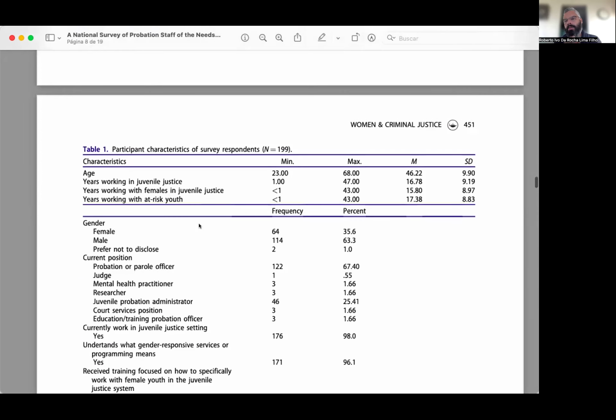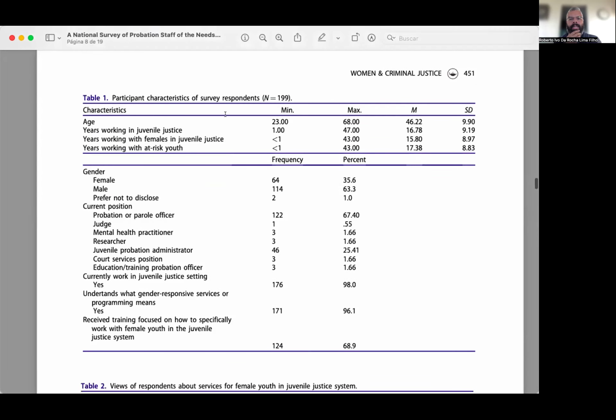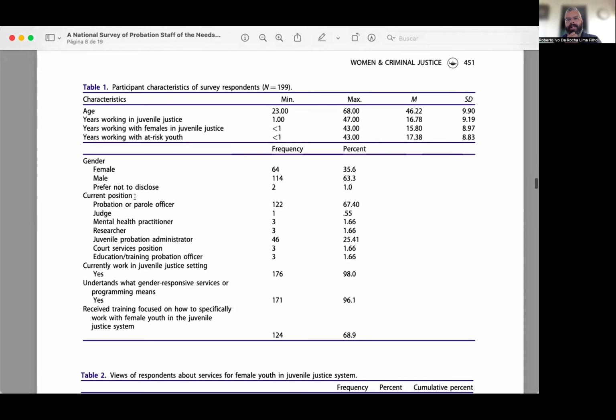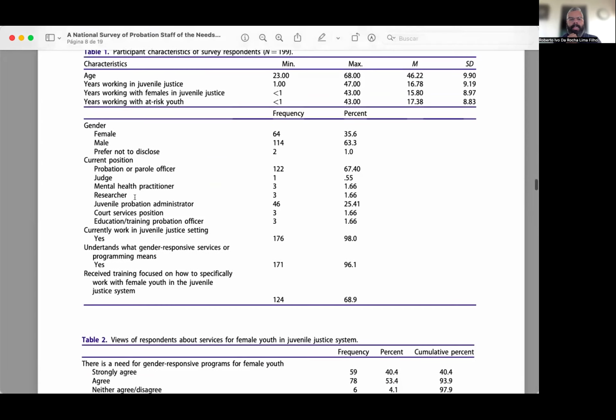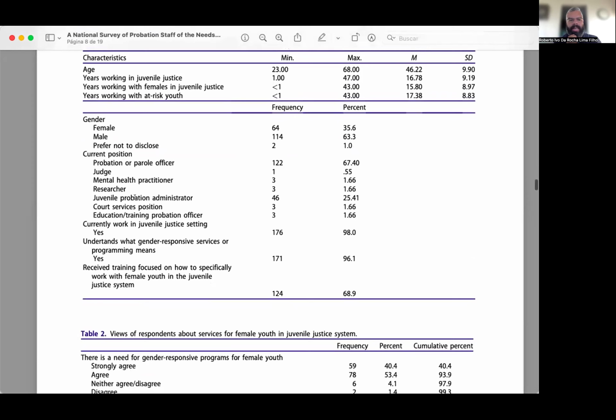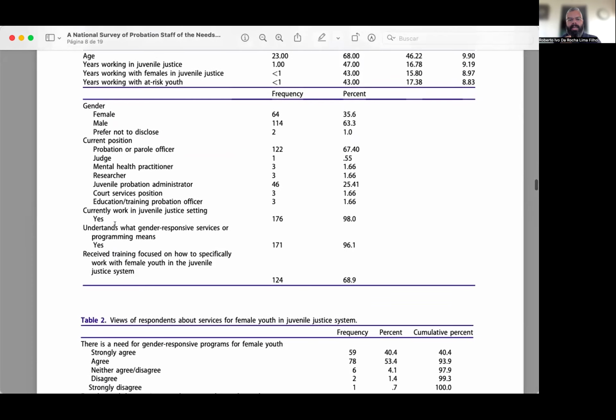And here is a little bit more quant data explaining what the characteristics of my sample are, how many male, female, or non-binary respondents the authors had. In that case, they are asking for current position and so on and so forth.